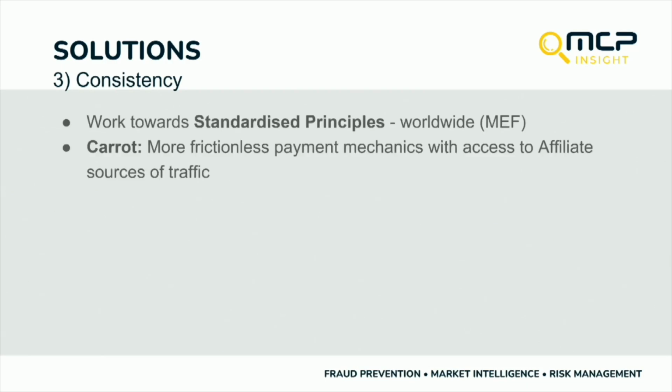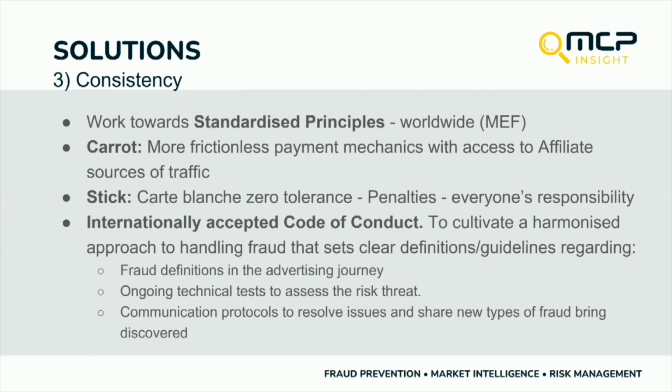Consistency. The context here is the motivation behind the different players. The carrier, who has most influence in the whole chain, mainly has reputational issues that occur due to the fraud coming through to their platform and being billed on their network.